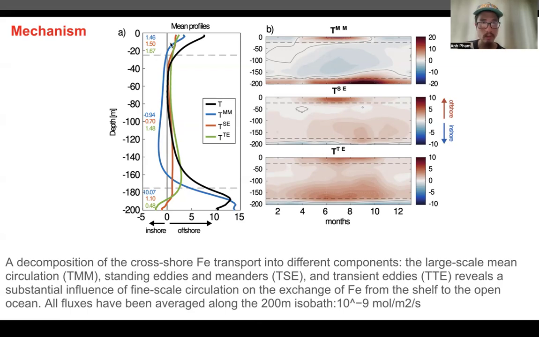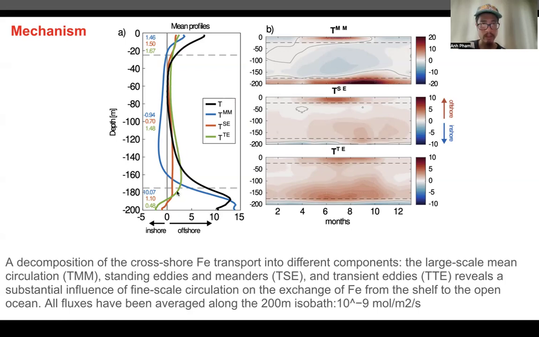So we can conclude that in the surface boundary layer, eddies work in combination with mean ocean circulation to transport iron offshore, but in the interior layer, eddies work against the mean ocean circulation and create a weak net transport of iron offshore in the interior layer.